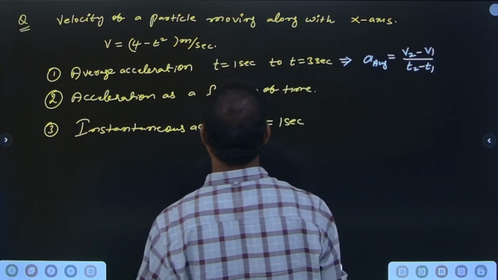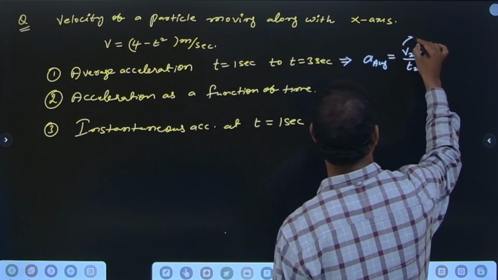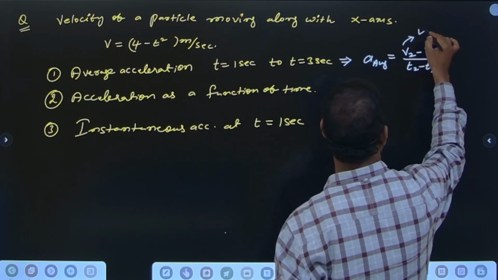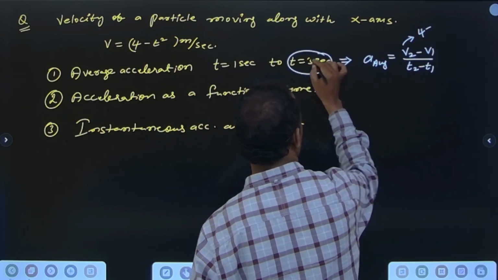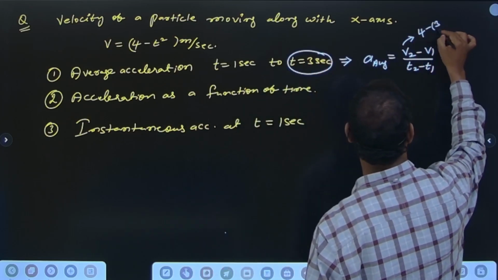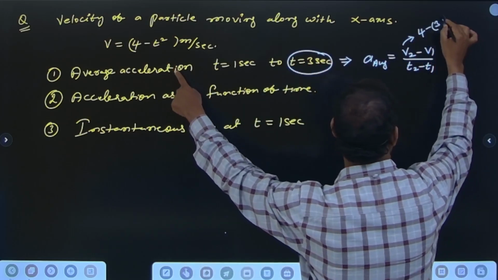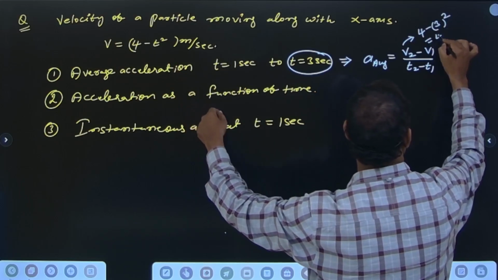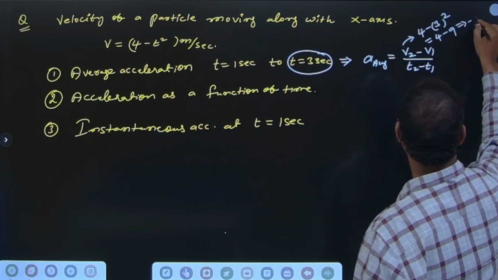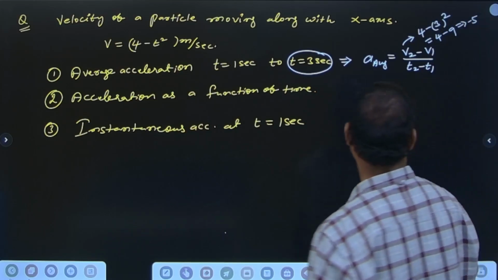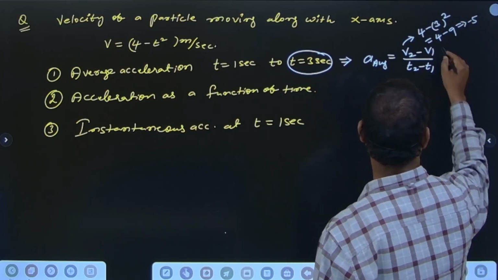What is v2? v = 4 − t², with t = 3 seconds: 4 − 3² = 4 − 9, which becomes −5.